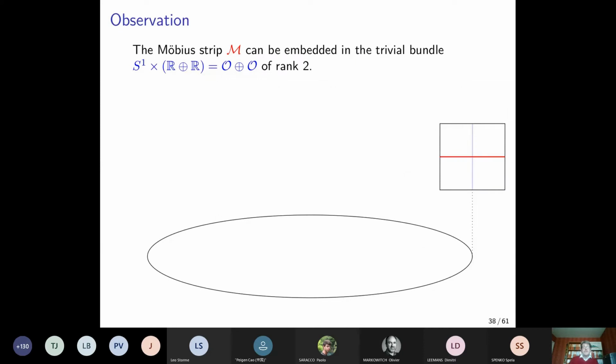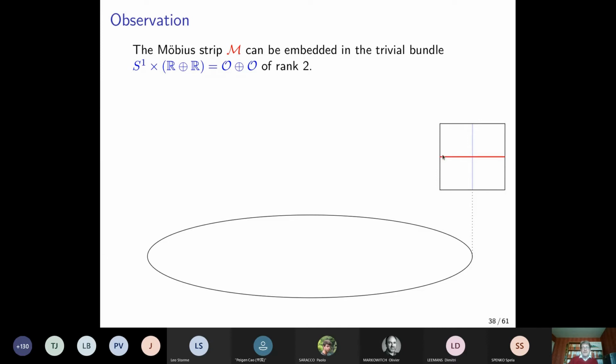To start the explanation, I should tell you that the Möbius strip is actually embedded in the trivial bundle on the circle. I'm going to demonstrate this in an animation, but I'm only going to animate the fibers of the vector bundles, because otherwise the picture becomes too dense.